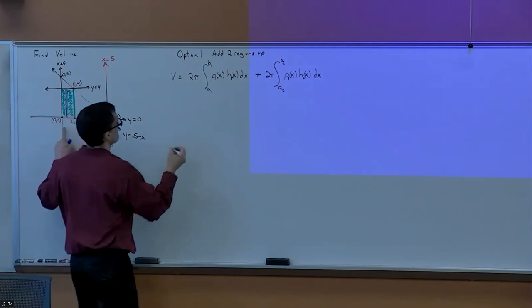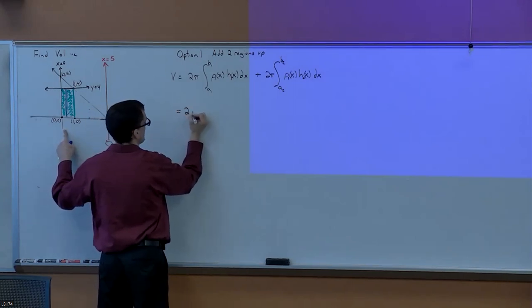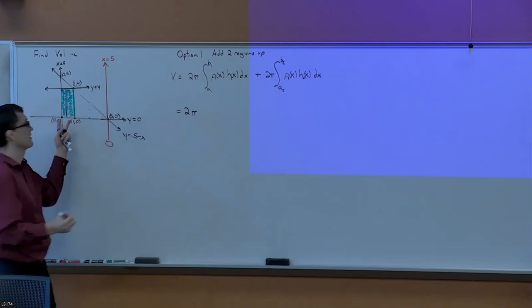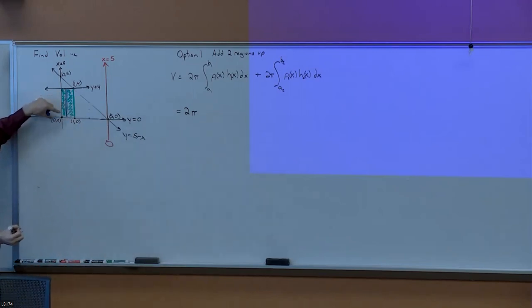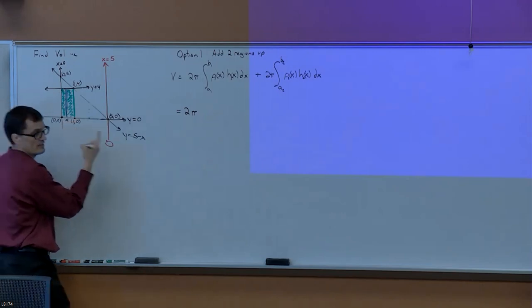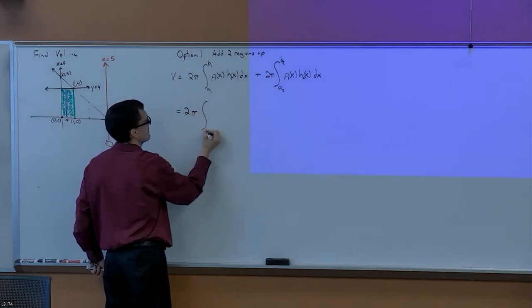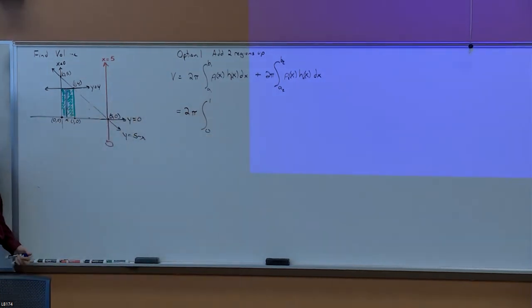So this first region, the one I've highlighted here, we're going to go from 0 to 1 in the first region. 0 to 1, that rectangle.